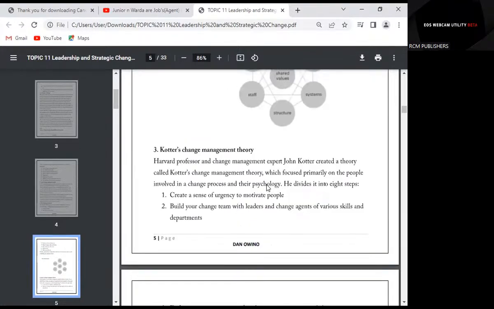We go to another most important model, the Philip John Kotter model. The examiner can ask you to explain, using an illustration, John Kotter's change process model.